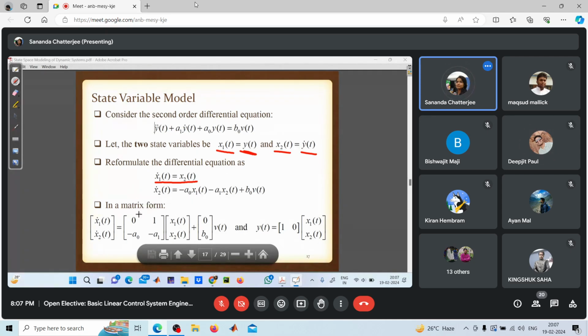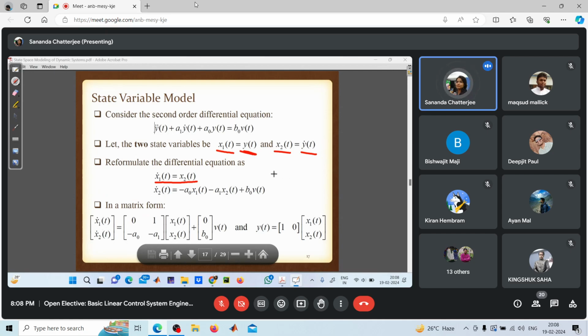Yes, ma'am. Now we can rewrite this in a matrix form, where x1 dot (t) and x2 dot (t) are stacked in an array, which is actually the derivative of the array of x1 and x2.